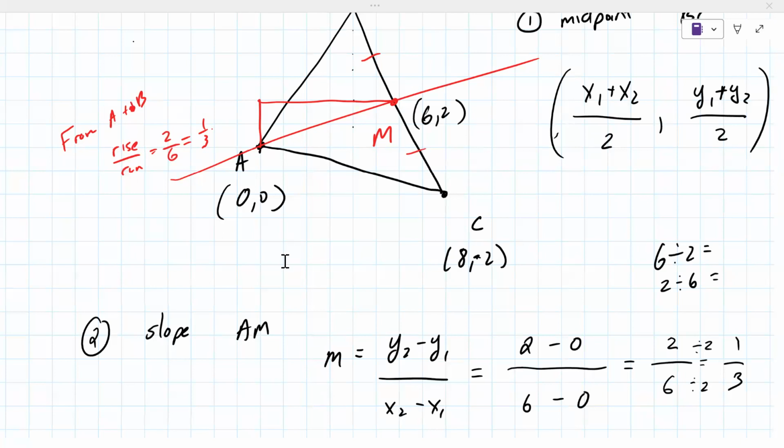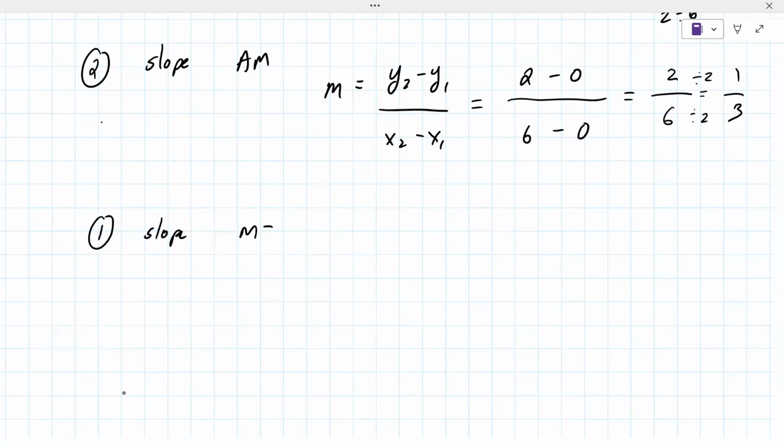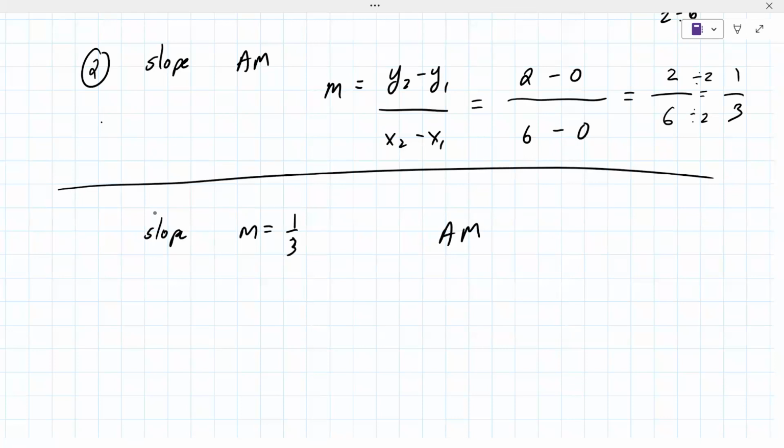All right. So now we've done a lot, but let me try to summarize what we've done so far. We have a slope of 1/3. And then we know that it goes through points A and M. So A is 0, 0, M is 6, comma 2.